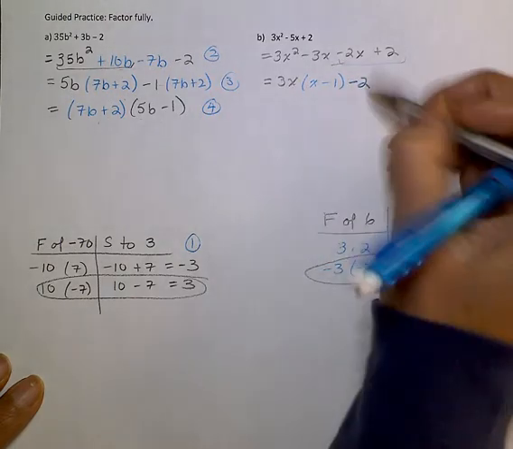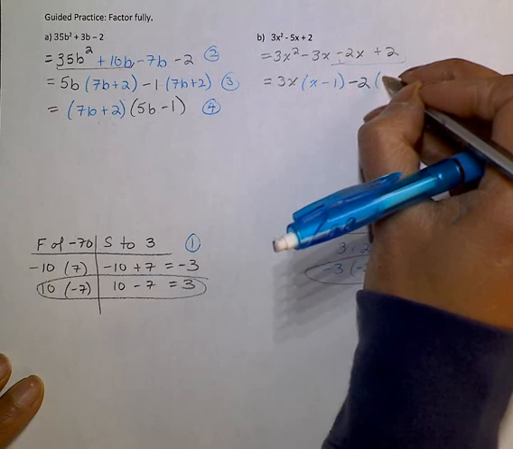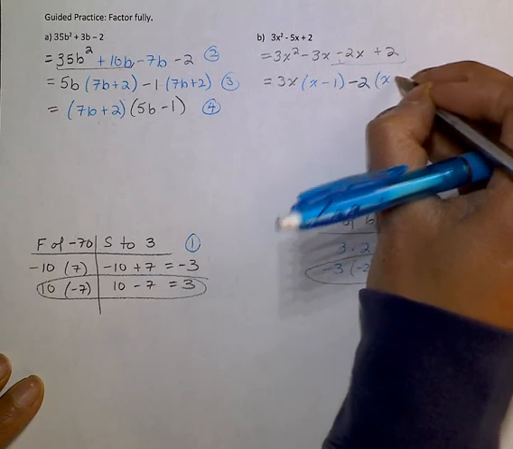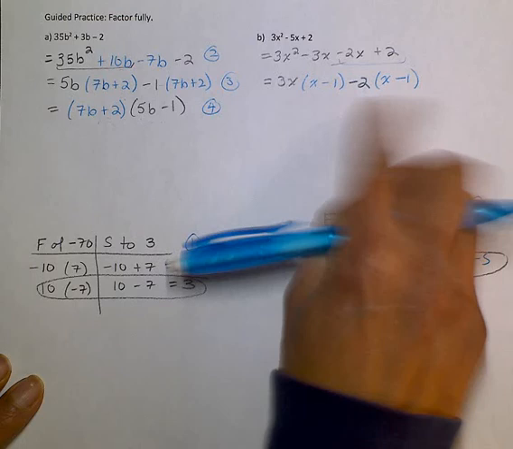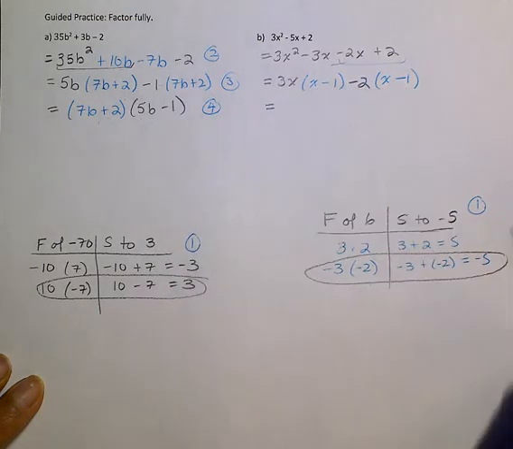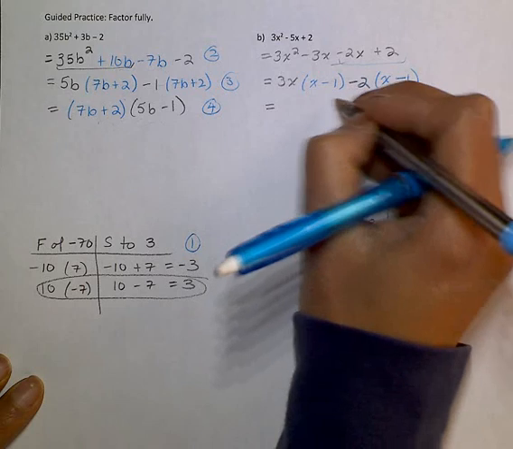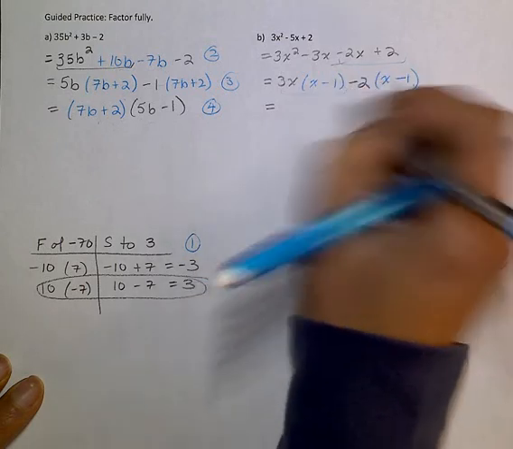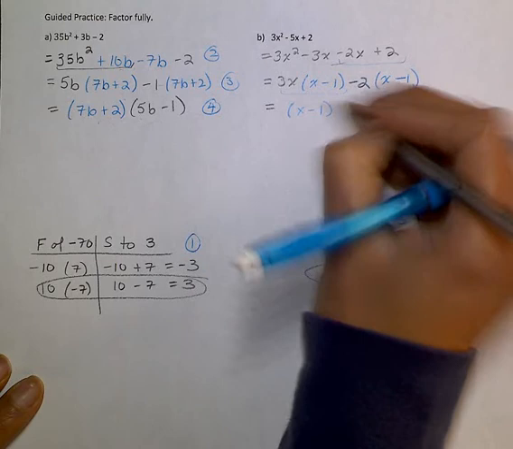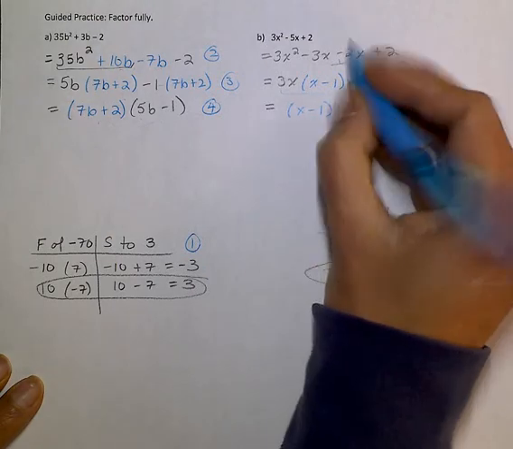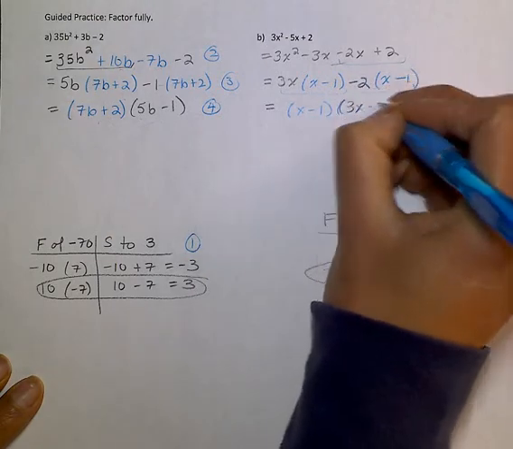So when I factor out the negative 2, that leaves me with an x and a negative 1. Again, be careful with your signs. Okay, and the last step is we factor again. So what's common in my two terms is the x minus 1. And when I factor that out, what's left is the 3x minus 2.